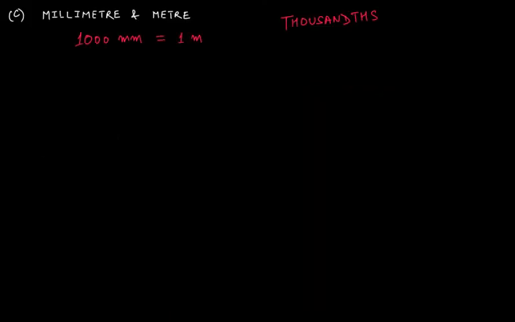Therefore, if you have 1000 millimeter is equal to 1 meter, and if someone asks you what will be 5 meter and 875 millimeter, okay, so this means that you have 5 meter and 875 what? 875 thousandths, right?